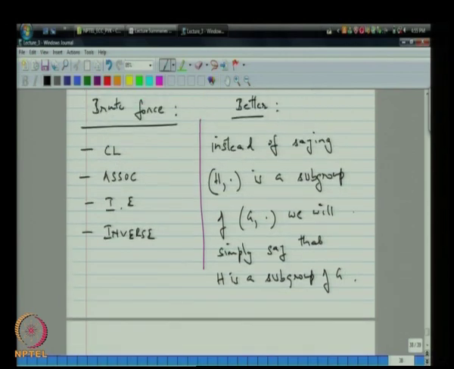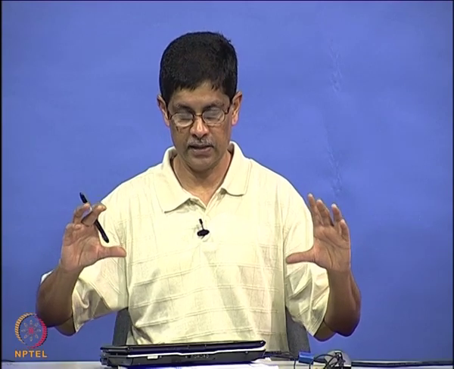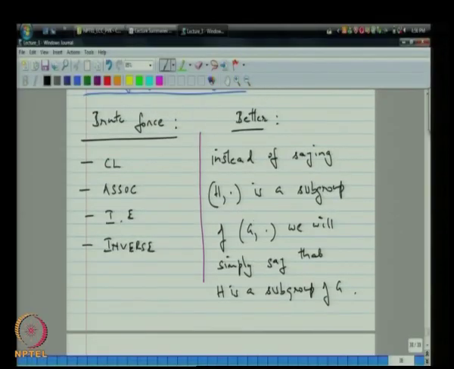It is just a short form. Strictly speaking, when you talk about a subgroup, there is a group, a set and an operation, and you are looking at a subset of that universal set, with the same operation, and trying to show that it is a group. So, strictly speaking, one should talk about H dot as a subgroup of G dot, but that is too cumbersome. So, we will just simply say that H is a subgroup of G, all right.